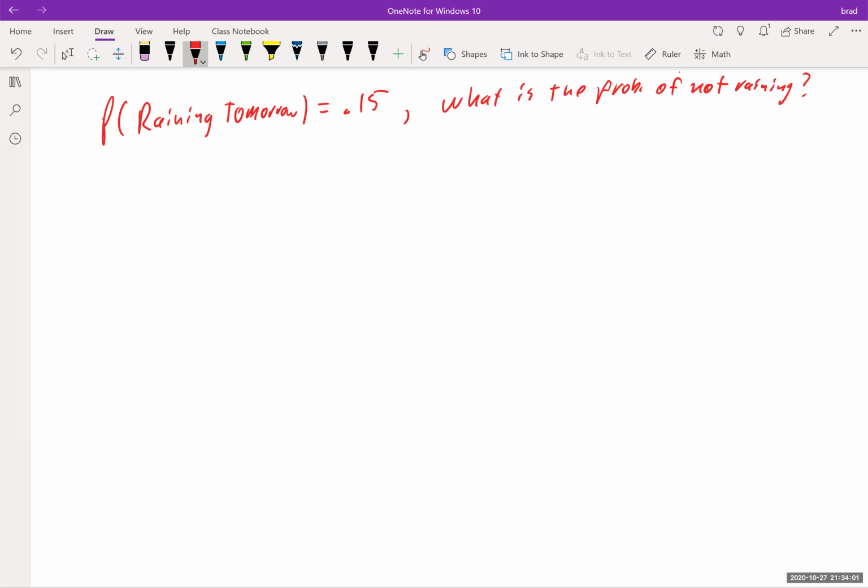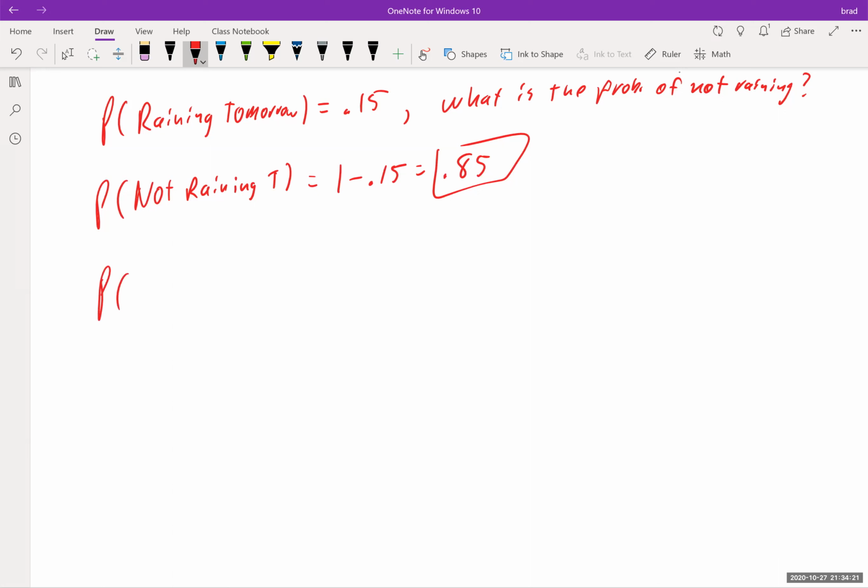Well, you should know that. If the probability of raining is 15%, the probability of not raining tomorrow is equal to 1 minus 0.15, which would be 0.85. So that's how you can use this whole not idea. You could also do this probability of raining and then put a bar over it. That means not raining in this particular problem with this particular event of raining.